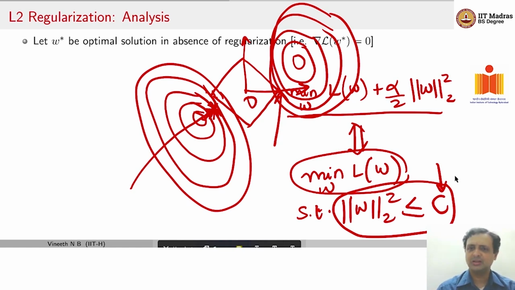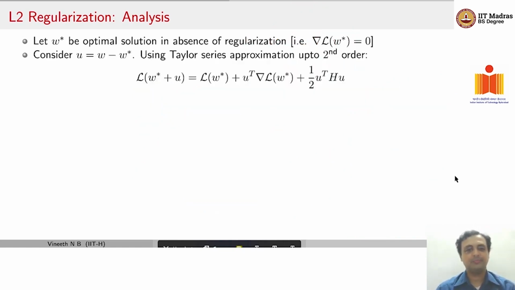Let's now also see what we are trying to do from a mathematical perspective. Let's assume that we have an optimal solution for our original problem. Let's call that W star. So which means grad L of W star is equal to 0. So W star was our optimal solution before regularization, only with the original loss function.